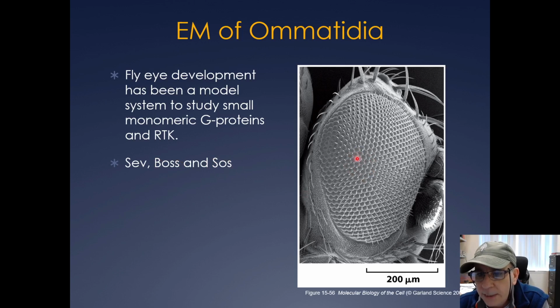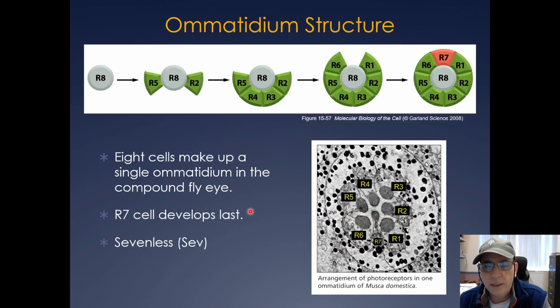But if you look in this compound eye, each one of these little islets here is what's considered an ommatidium. And the ommatidium in a fly eye actually has 8 cells. Okay, so the 8 cells make up a single ommatidium in the compound eye, and the development follows this schematic up here.